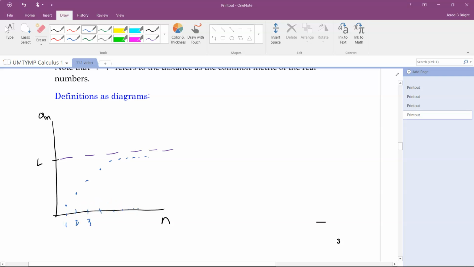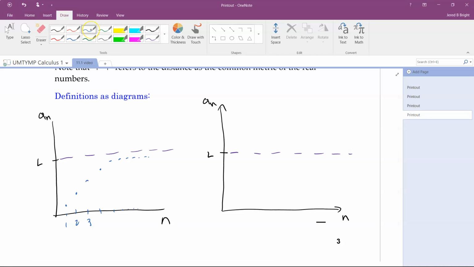Now the second diagram, that one's a little bit more interesting. We still have the same sort of axes set up. We have n, and then we have our a_n axis. We still have L, so I'm going to draw that dashed line in there first this time.